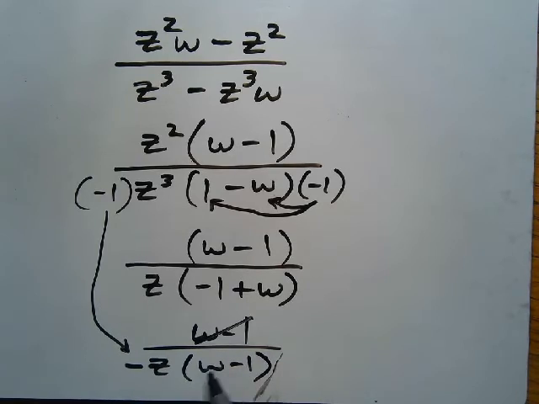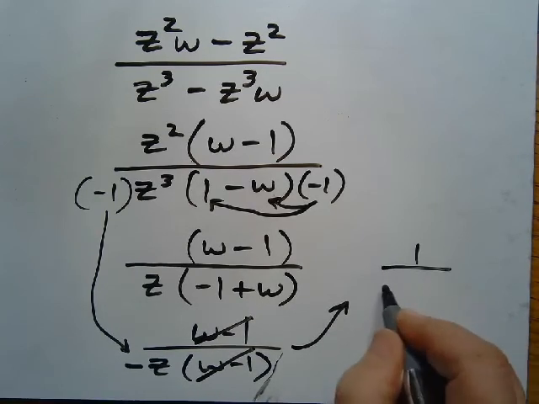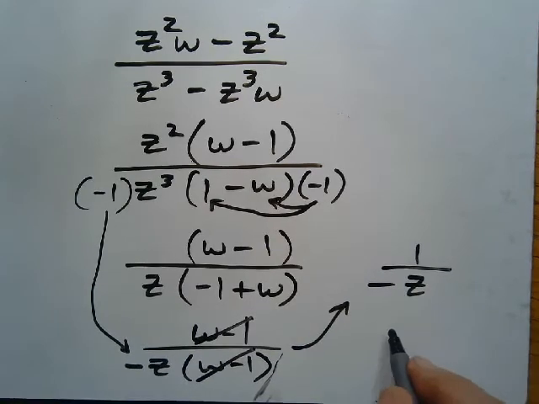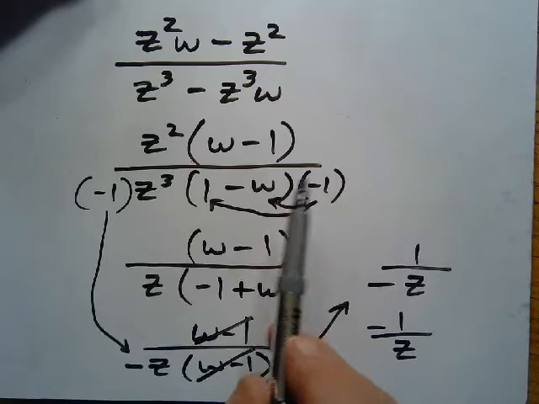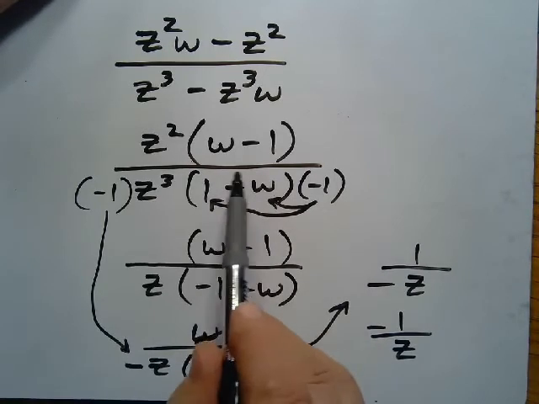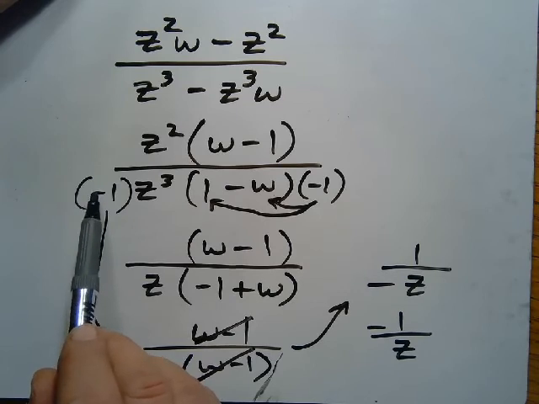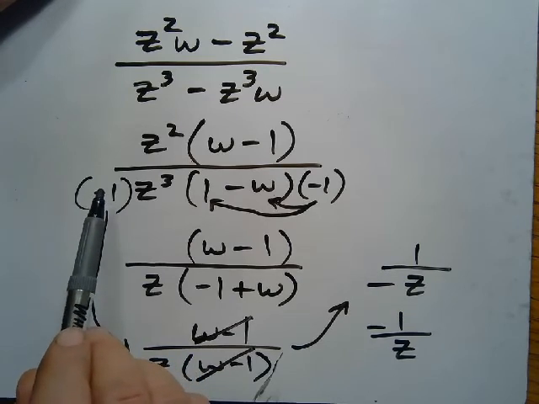So these end up canceling, and we end up with 1 over a negative z. We don't like seeing that negative on the bottom, so let's just put it up on the top. There's a couple of ways that you probably could have done this problem. Keep an eye on this: if we just multiply this guy by a negative 1 and then make up for it by multiplying it by negative 1 again over here, we'll end up solving the problem.